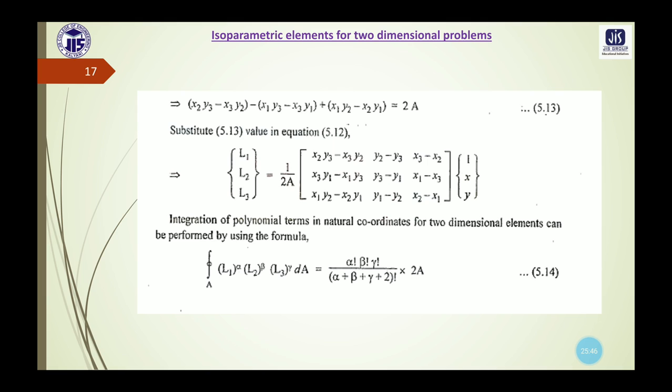Now the integration of the polynomial terms in natural coordinates for two-dimensional elements can be performed by using this formula: integration over the domain A of L1 to the power alpha, L2 to the power beta, L3 to the power gamma dA equals factorial alpha, factorial beta, factorial gamma divided by factorial of alpha plus beta plus gamma plus 2, into twice A. This is equation number 5.14. We also need to remember this formula to solve different numericals based on the concept of natural coordinates for one dimension as well as two dimensions.